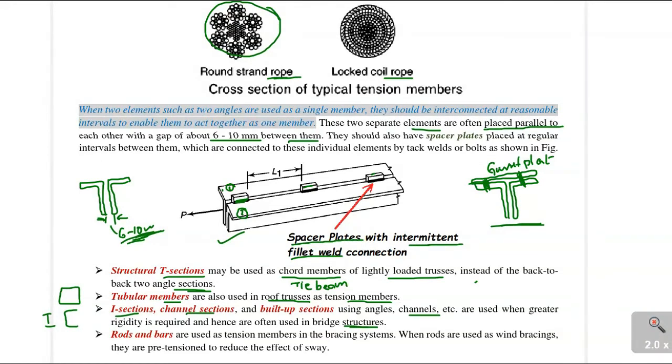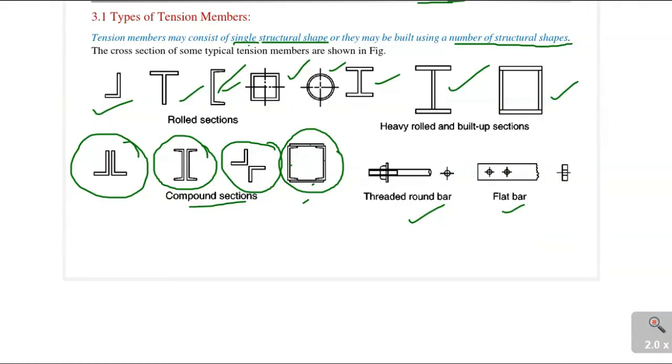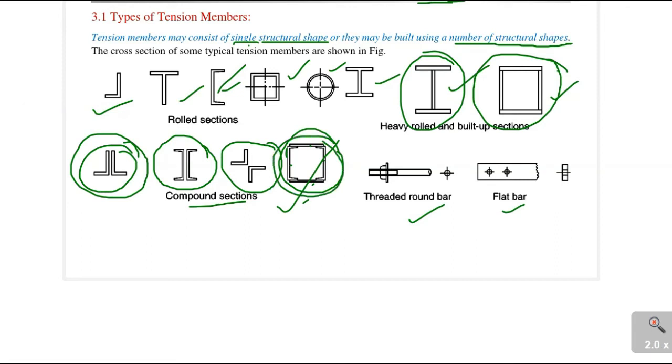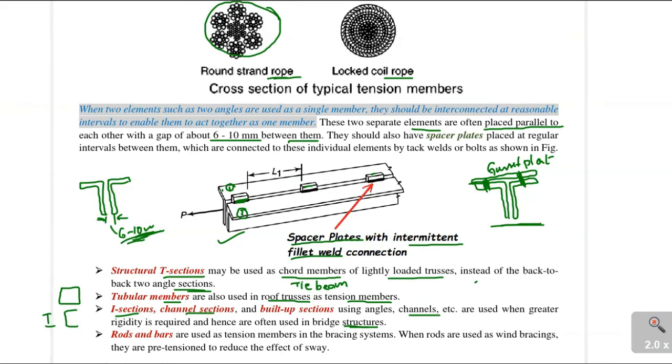As you can see in this image, this is a built up section, this is a built up section, and this is also a built up section with different members, right? Two angle sections are joined here, and plates and channel sections in this fourth figure, right? So these are used when greater rigidity is needed.